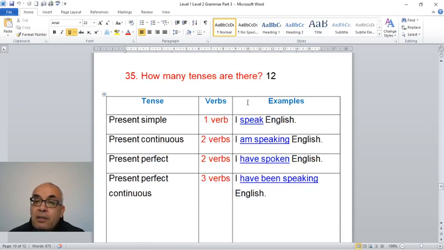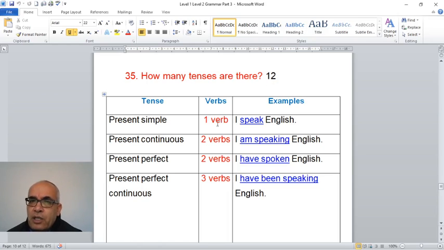How many tenses are there in English? We have 12. As you can see, present simple has one verb, present continuous 2 verbs, present perfect again 2 verbs, present perfect continuous 3 verbs. And I explained in my video on present simple that present simple and past simple have one verb, but all the other tenses have 2 verbs or more.